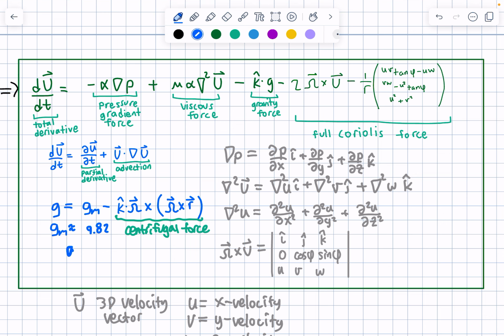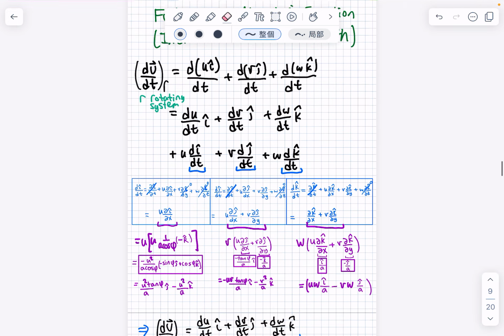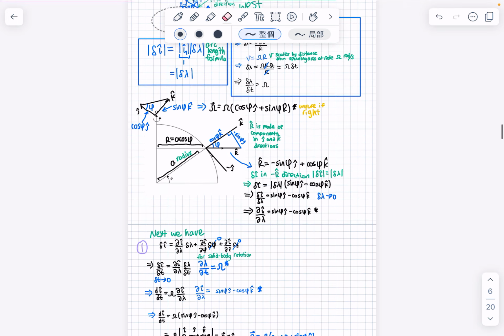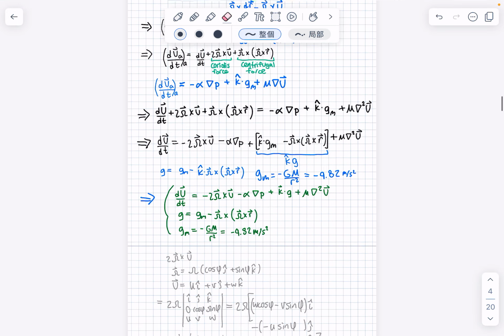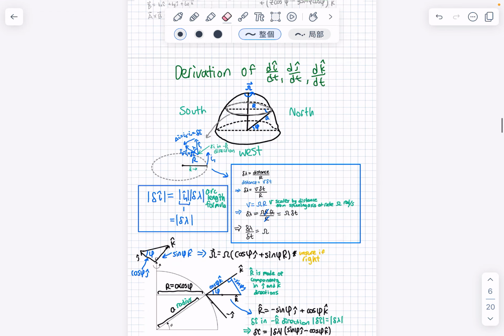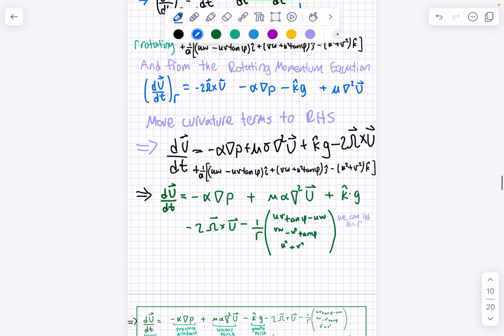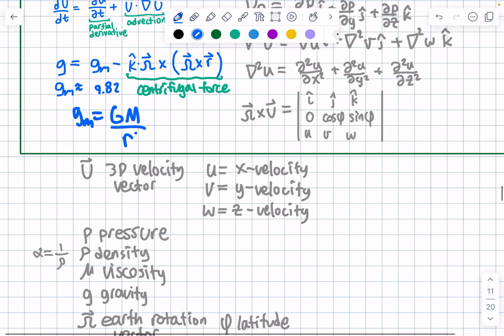Remember, GM is equal to the gravitational constant times mass divided by radius squared. Let me check that. Yes, negative GM over R squared, and that's about equal to 9.82.